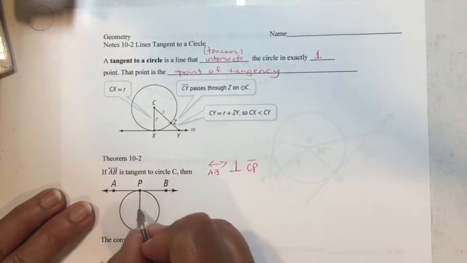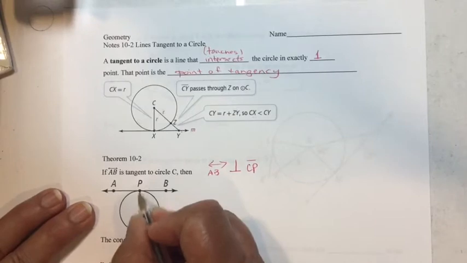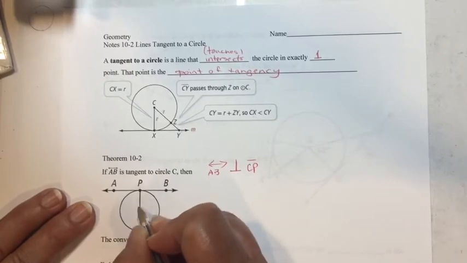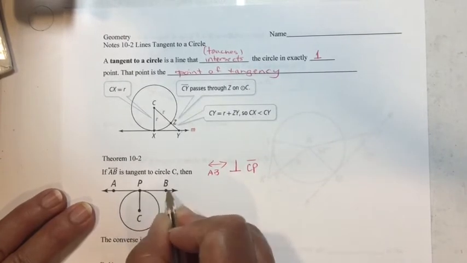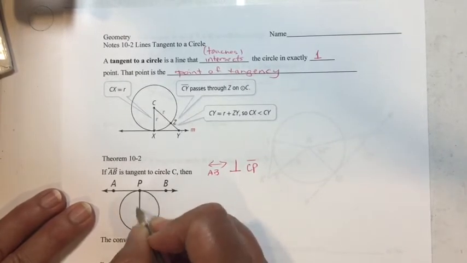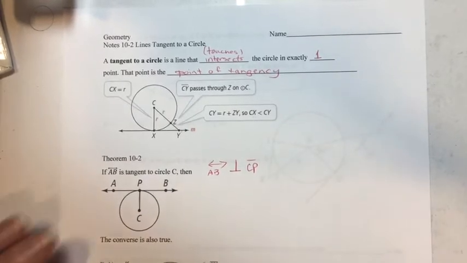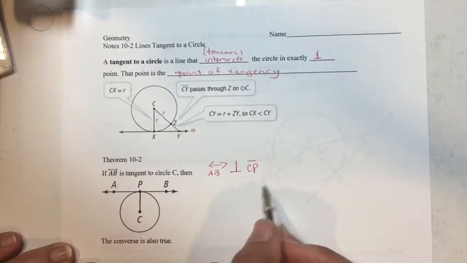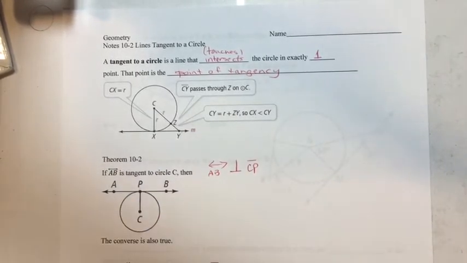The shortest distance between a point and a line is the 90-degree or the perpendicular piece. So this distance is always going to be smaller than adding on any little piece. So therefore, these will always be perpendicular. Now, the converse is true. If you start off with a statement that you have perpendicular, then you can automatically show that the line is tangent.